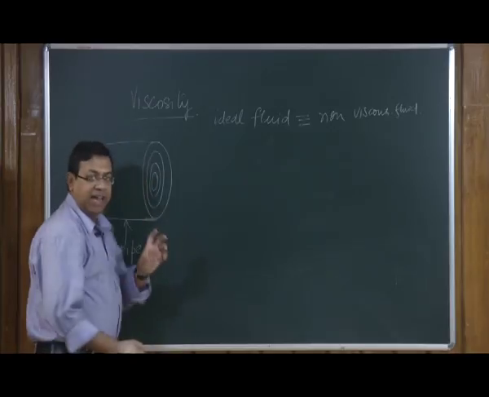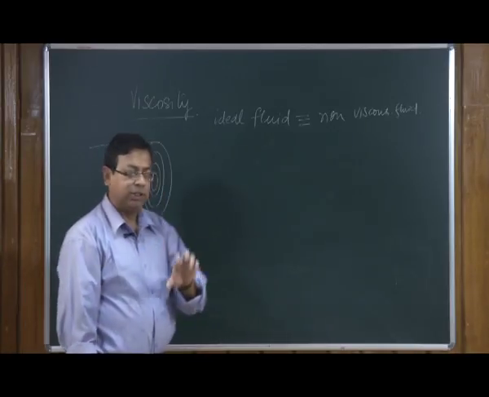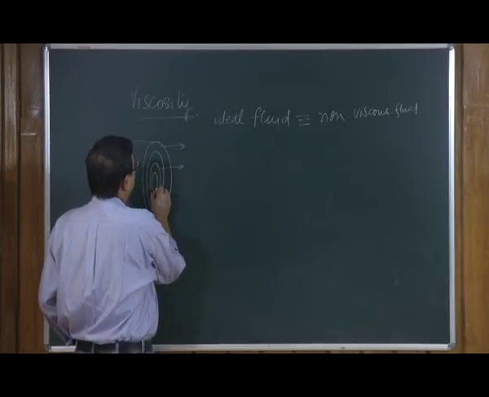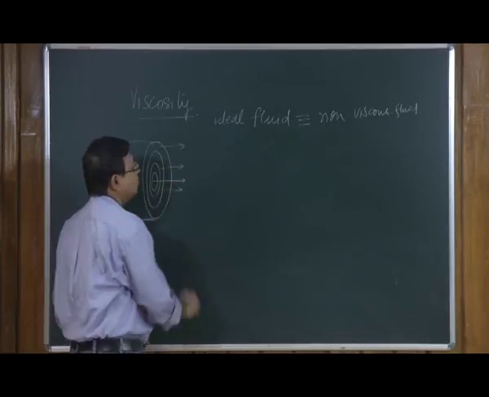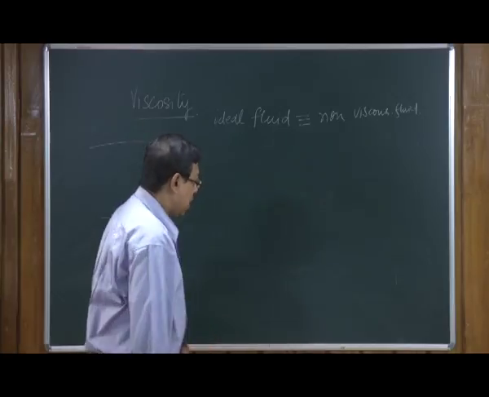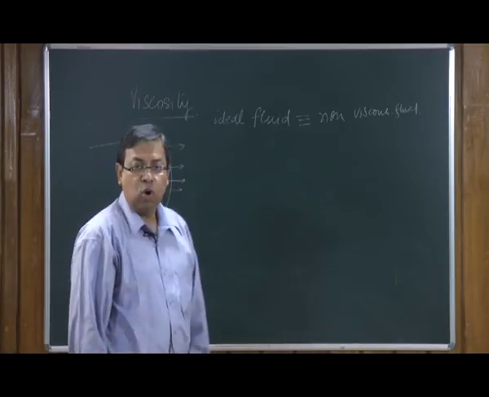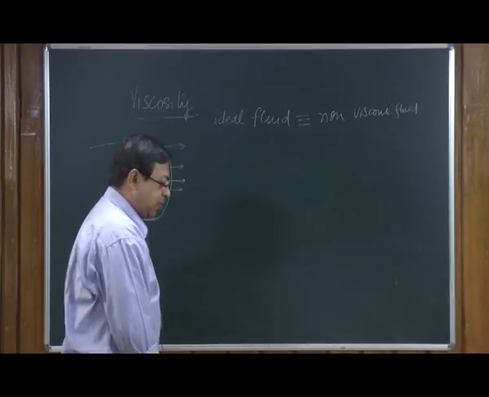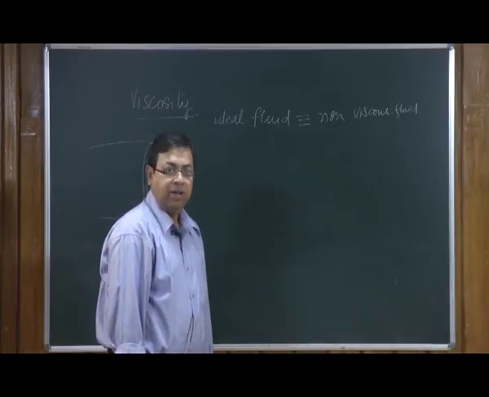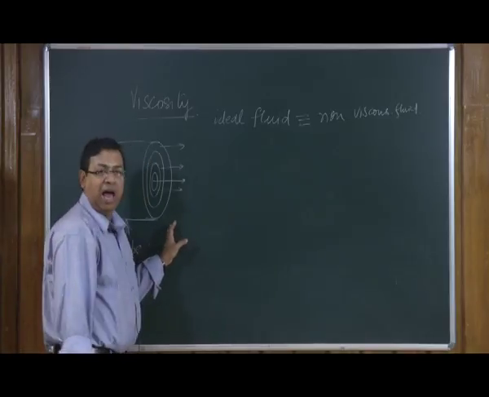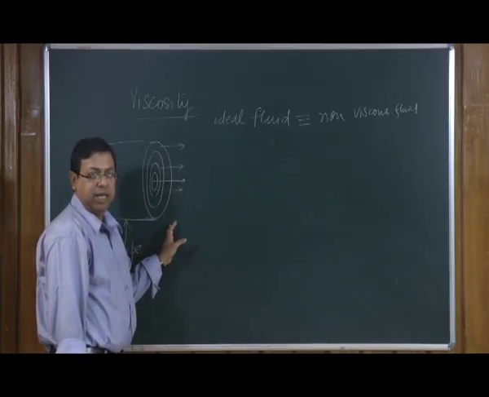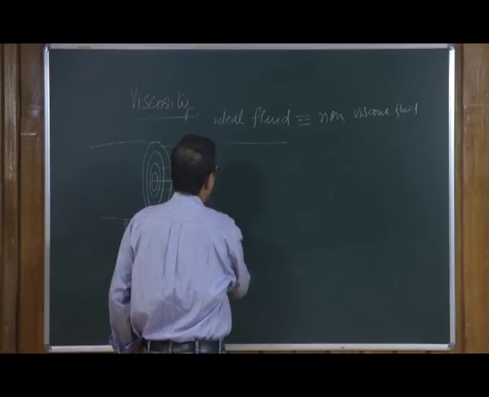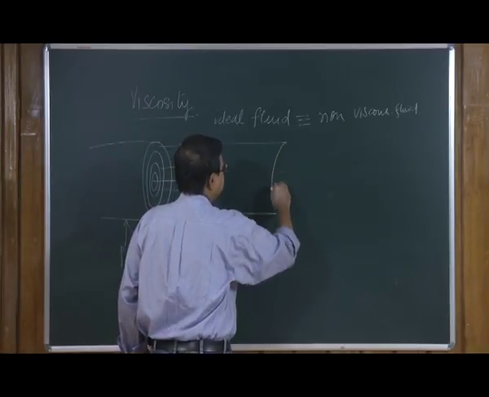All of these layers of fluid which is flowing through this pipe move with the same velocity. However, non-ideal fluids, or rather the fluids that are really seen in everyday life, all have some viscosity, and because of that, what happens to this same flow is the following.